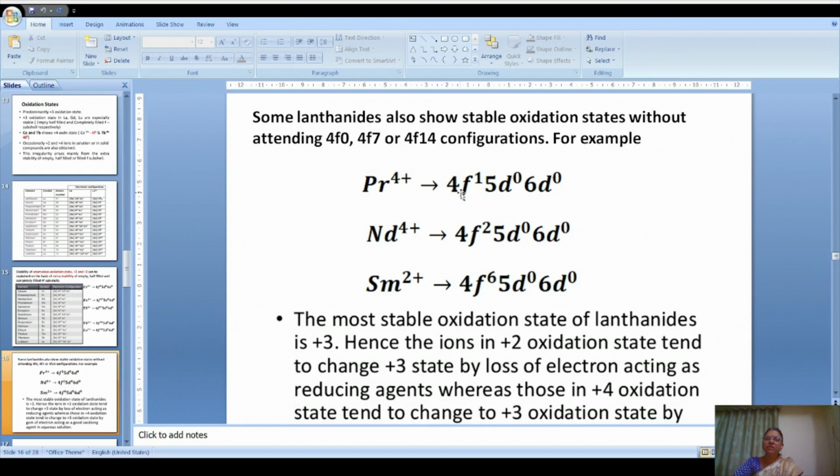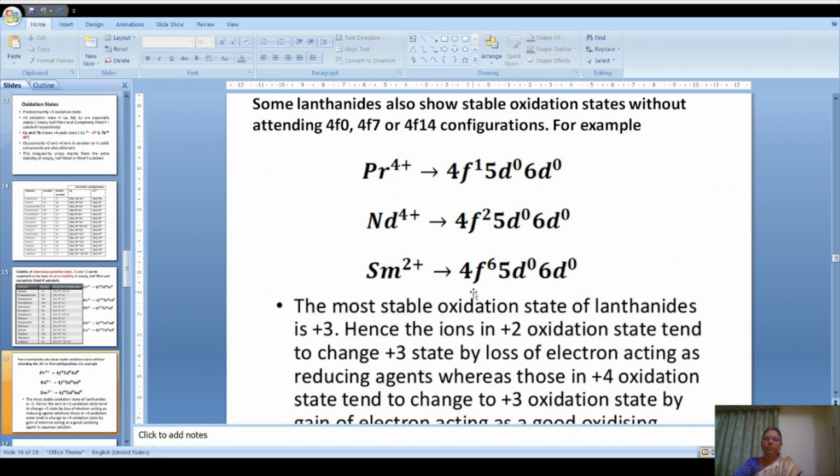We can see here the electronic configuration is 4f1, 5d0, 6s0. Similarly, neodymium +4. Here also there is no half-filled, completely filled, or empty f subcell. Samarium +2. Here also we can see 4f6, 5d0, 6s0 configuration.